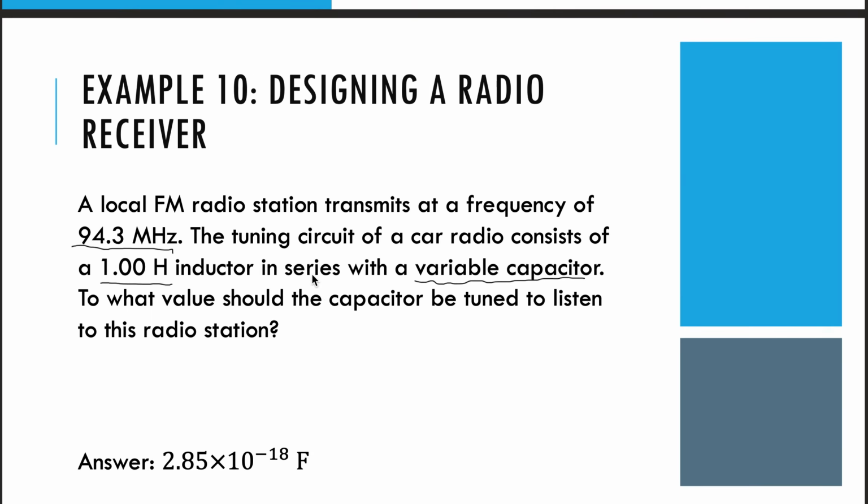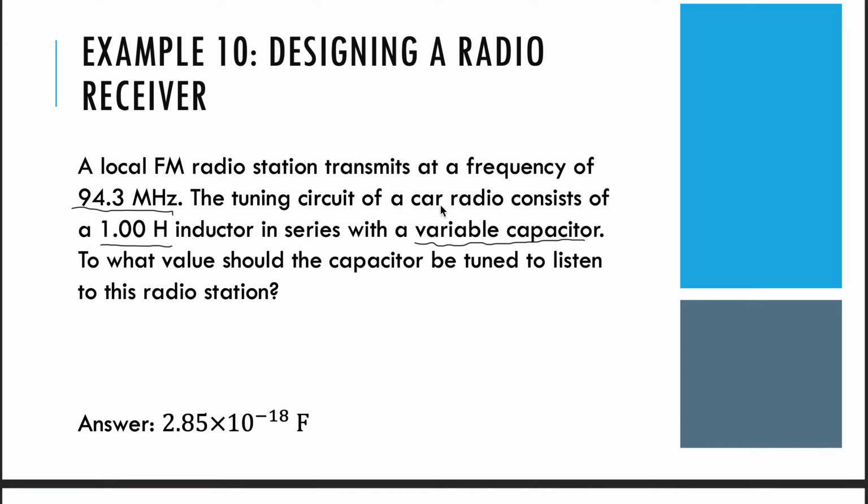So what we're doing here is we're solving for C in our equation. There's a little bit of algebra here to get the capacitance by itself. So first thing, I would multiply both sides by the square root of LC to get it out of the denominator.